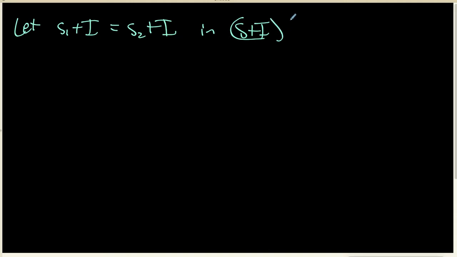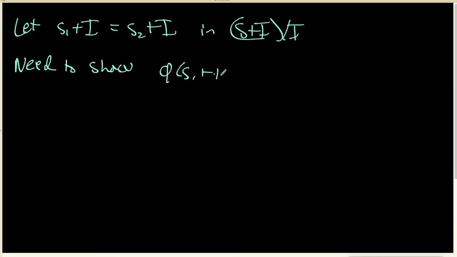Saying that phi is well defined means that we have this setup. We want to let S1 plus I be equal to S2 plus I inside capital S plus I mod I. Now, we need to show that in spite of those two different names for the same coset, phi sends them to the same place.